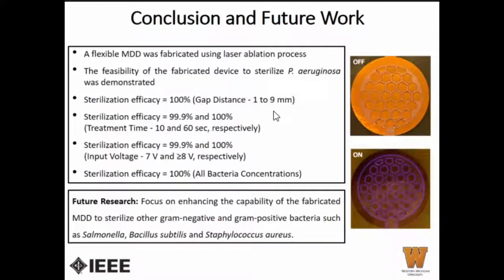In conclusion, we have developed a flexible microplasma discharge device, fabricated using laser ablation. It is flexible because the substrate is flexible and we can bend it, and it is conformal, so we can make this a very simple system to put on top of a wound that is not healing by itself, so that we can quickly sterilize the wound.